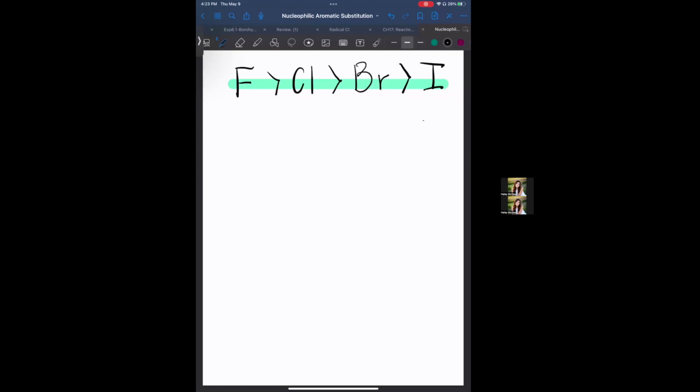Okay, so let's also talk a little bit about our halogens and which halogen is going to be the best leaving group. As we know, the sigma complex formation is the rate determining step. And because fluorine is the most electronegative, this is going to give you the fastest reaction and is going to be your best halogen, your best leaving group in this case.